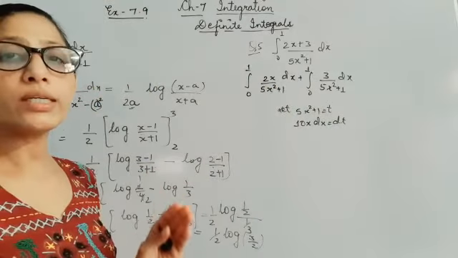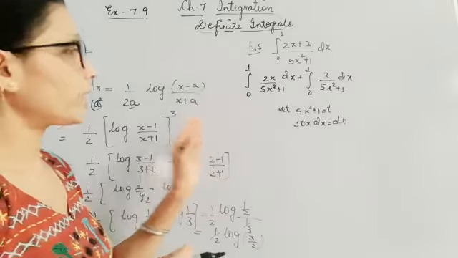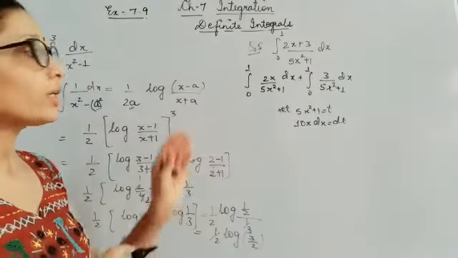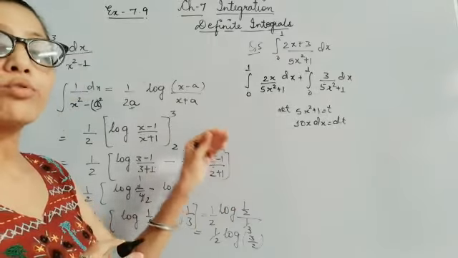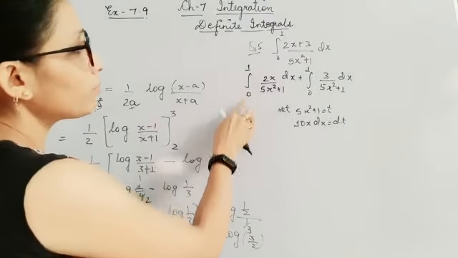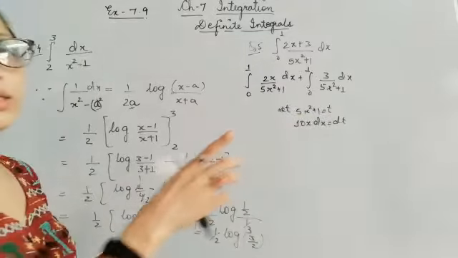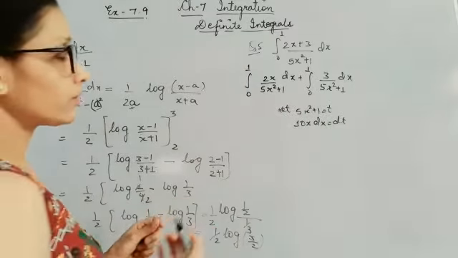Children, one more thing here you have to take note of. Whenever you are applying the substitution method, you have to always change the limits according to what you have supposed.